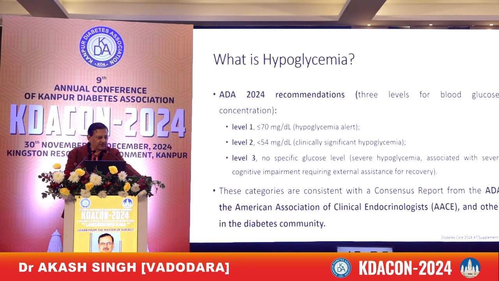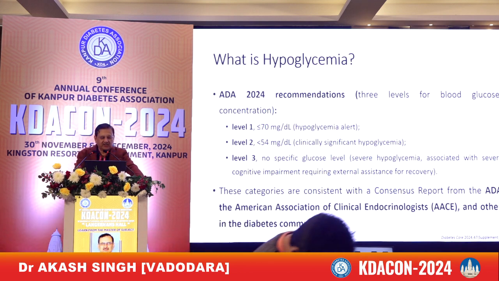Now, ADA has graded hypoglycemia into 3 categories, and this has been agreed upon by others in the diabetic field. Level 1 is less than 70 mg, that is hypoglycemia alert, you should immediately tackle it. Less than 54 is serious hypoglycemia, and that is clinically significant hypoglycemia.